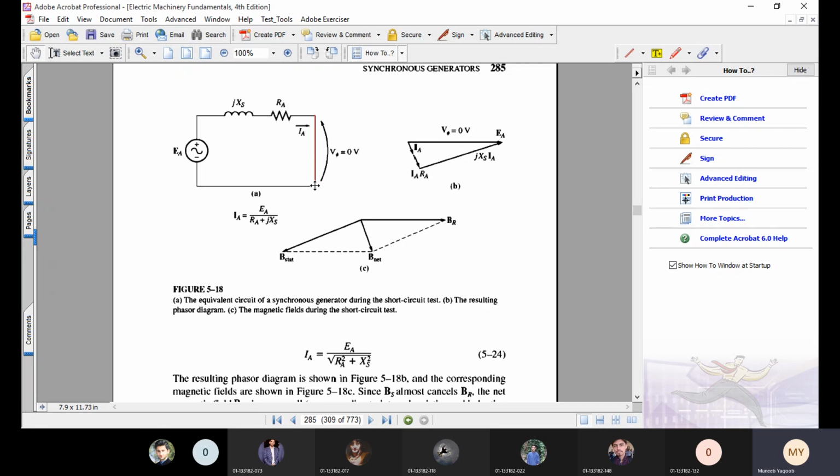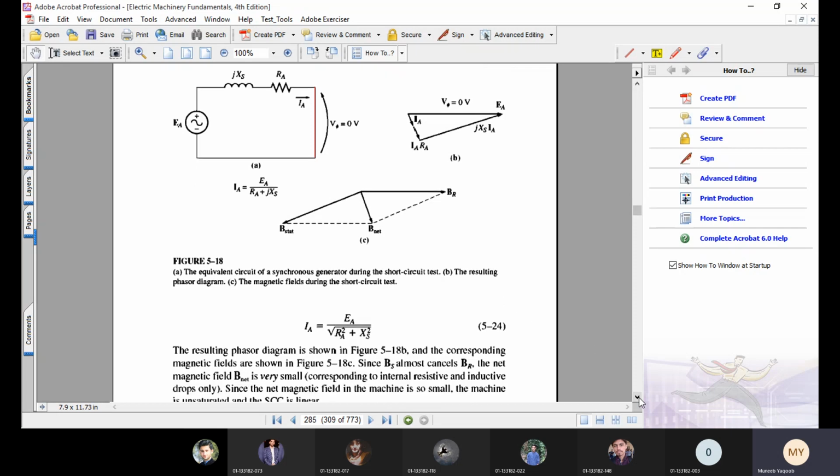Now if we perform a calculation, it's a very easy calculation: if we apply KVL, IA would become EA divided by RA plus jXS. In terms of magnitude, magnitude of IA equals EA divided by magnitude of RA plus jXS. And we all know that in complex numbers, the magnitude of RA plus jXS would be the square root of RA squared plus XS squared.